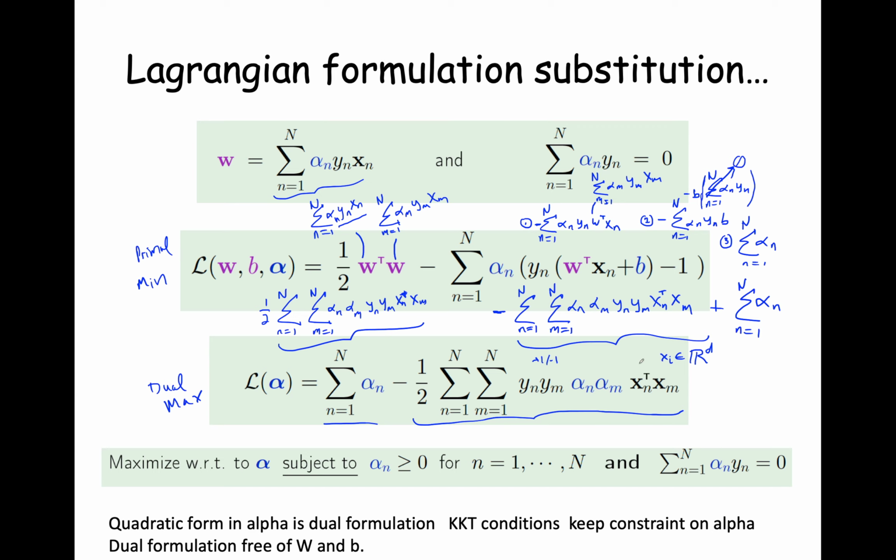Likewise, I'm also going to have a constraint, and I keep that constraint on the maximization problem, the dual formulation. I keep that constraint because it involves alphas, and I'm solving for alphas. And the good news is this is an equality constraint. So it's already in a nice form, very amenable to optimization. And so the so-called KKT conditions, Karush, Kuhn, and Tucker conditions, dictate that these alphas must be greater than or equal to 0.